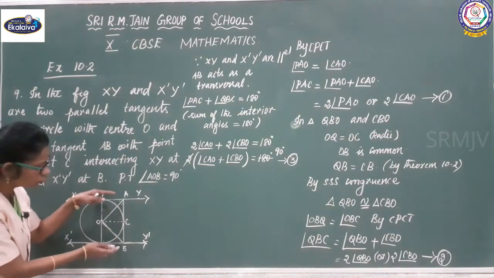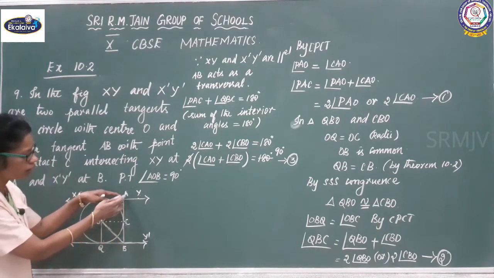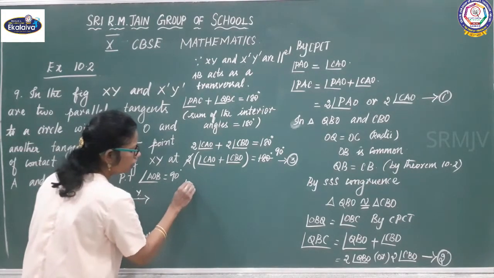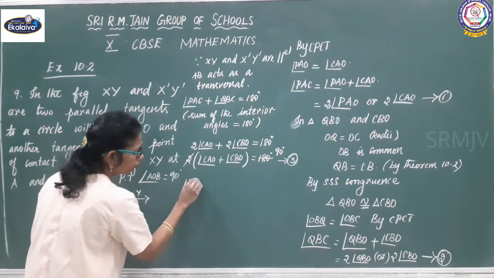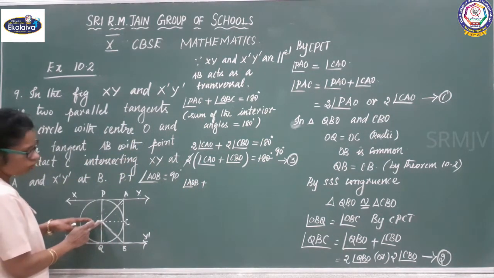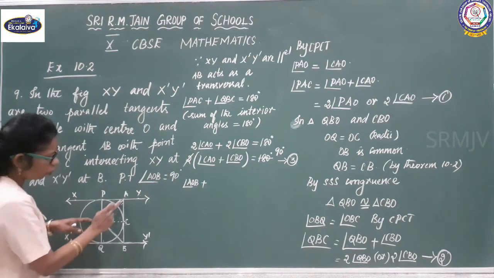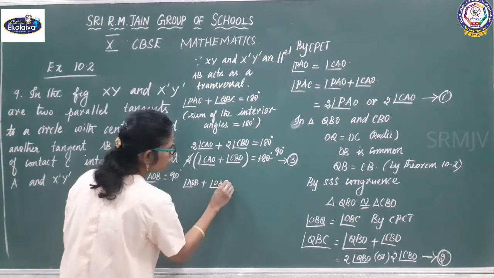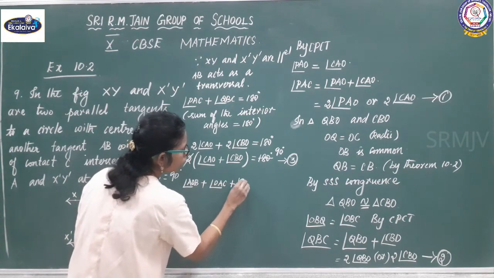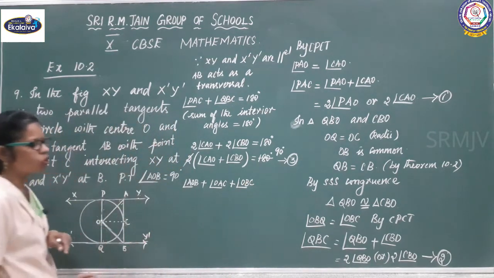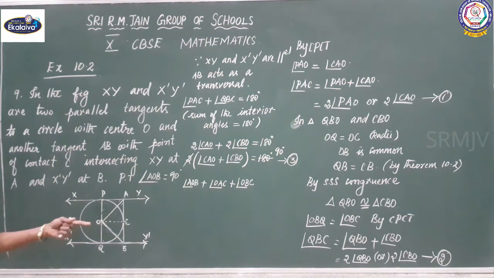That means we are going to consider the triangle AOB. Now we are going to write angle AOB plus angle OAC plus angle OBC, or CBO or CAO, however it is.